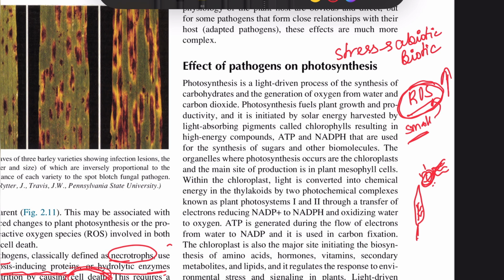So too much of ROS is harmful. Again, it damages the plant cells. So what do they use? They use antioxidants and photoprotectants to keep them in balance.